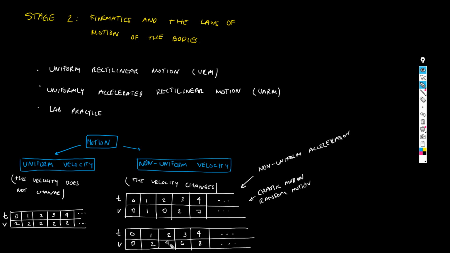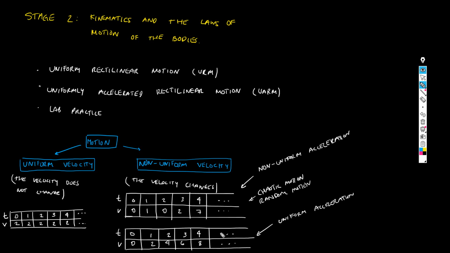So there is always an increase of the velocity, but always by the same amount, which is 2 meters per second. And this is what we know as uniform acceleration. And that means that the velocity changes just like in this case, but it changes by the same amount each second.